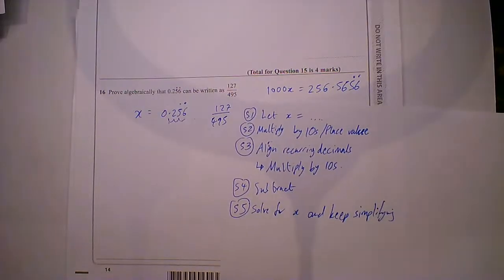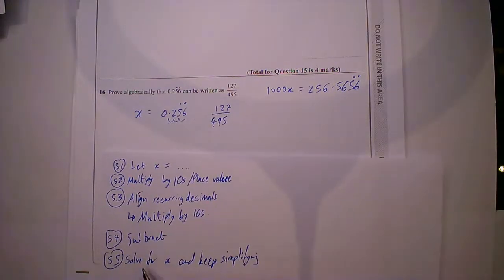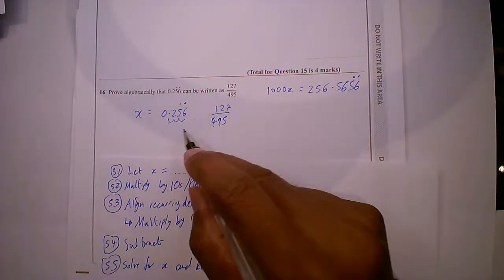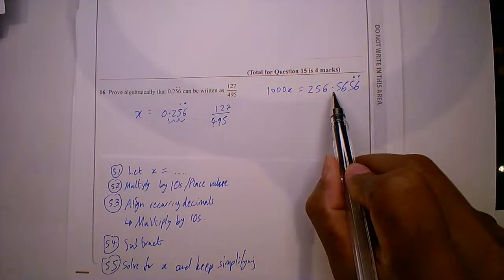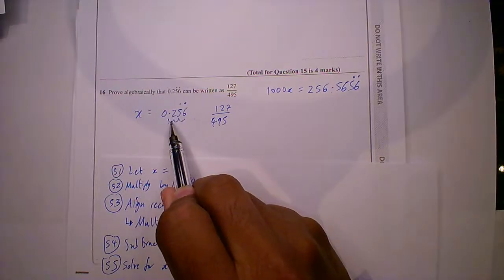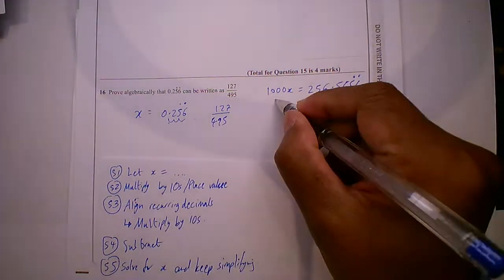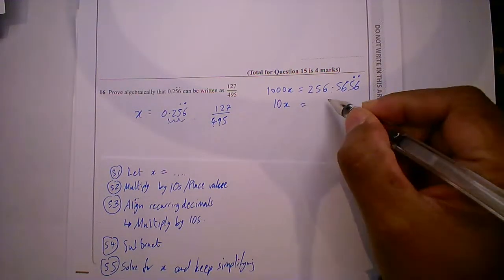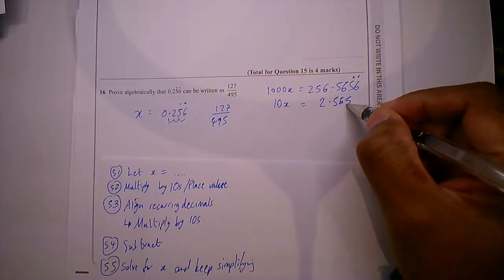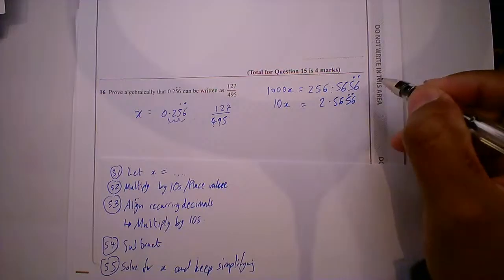The next step is I need to have them aligning. So I need to put them in the right place value. After the decimal point, it needs to be a 5. Here it's 2, so I need to shuffle it across one more space. So that's 10x equals 2.5656, recurring.